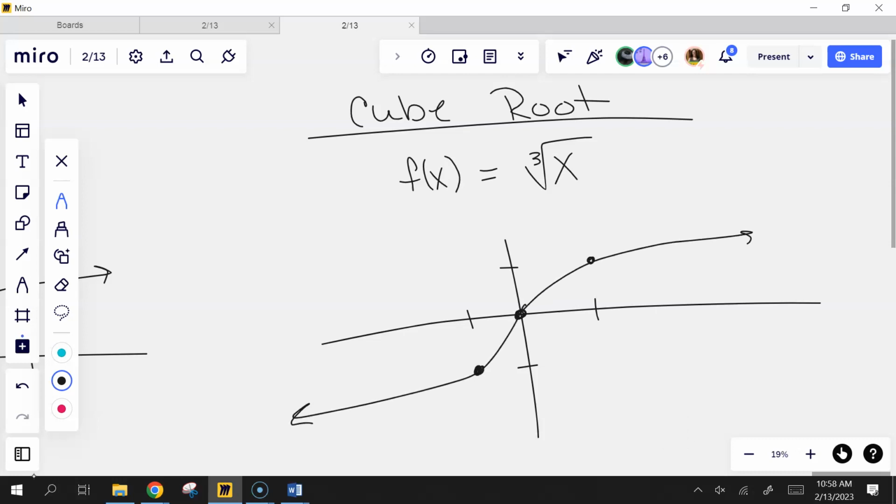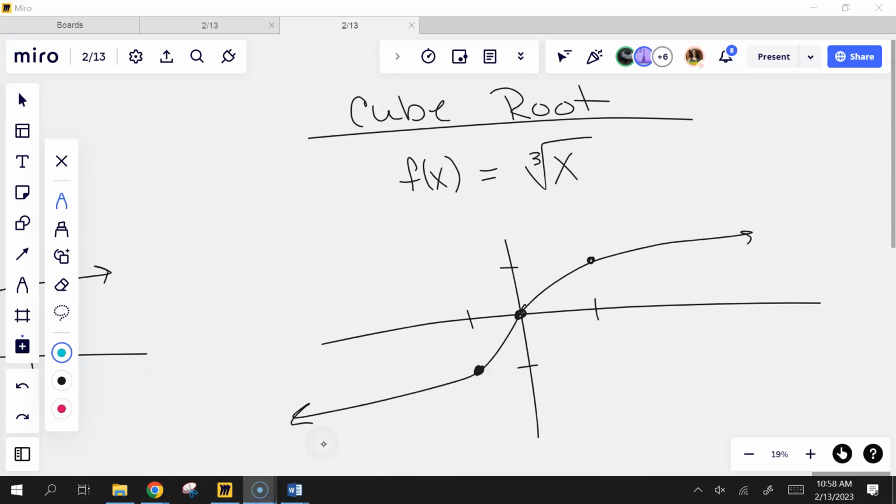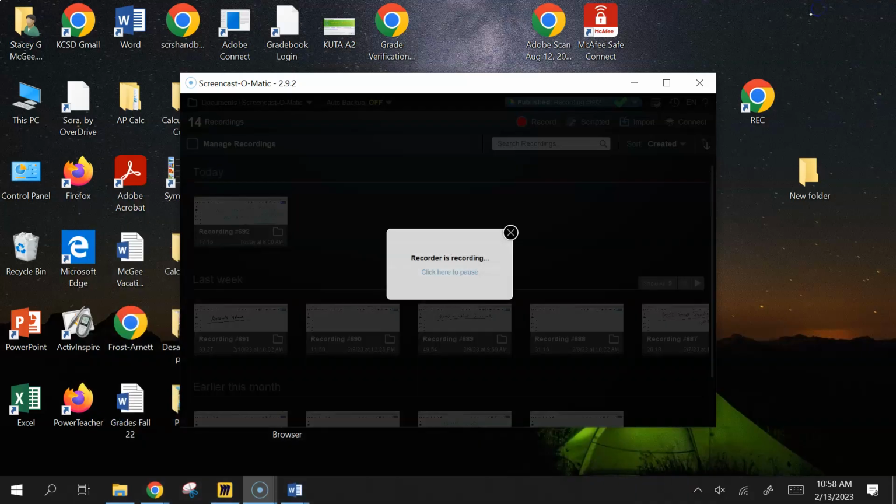It looks like the same thing, but it looks like it's been laid over. The cubic did this. All right, I'm not going to go into any more detail than that.